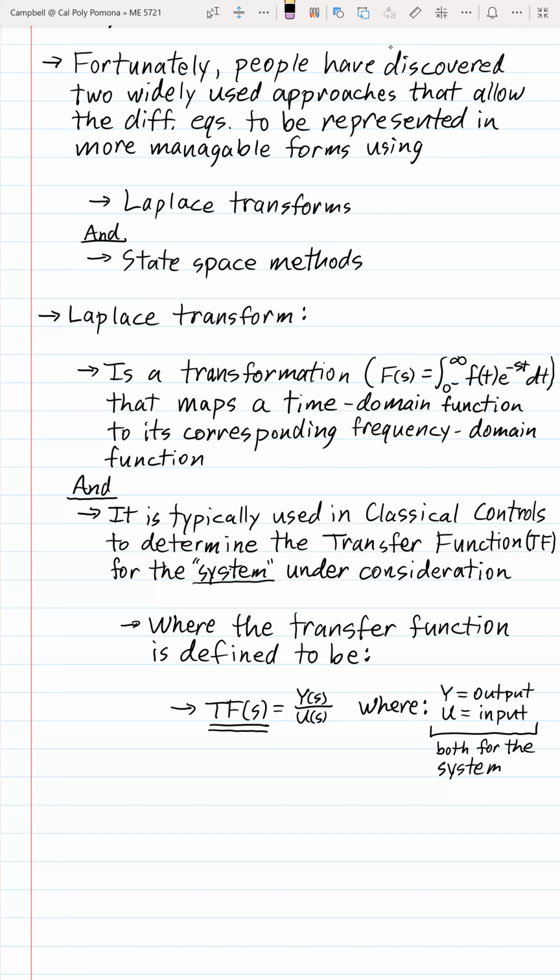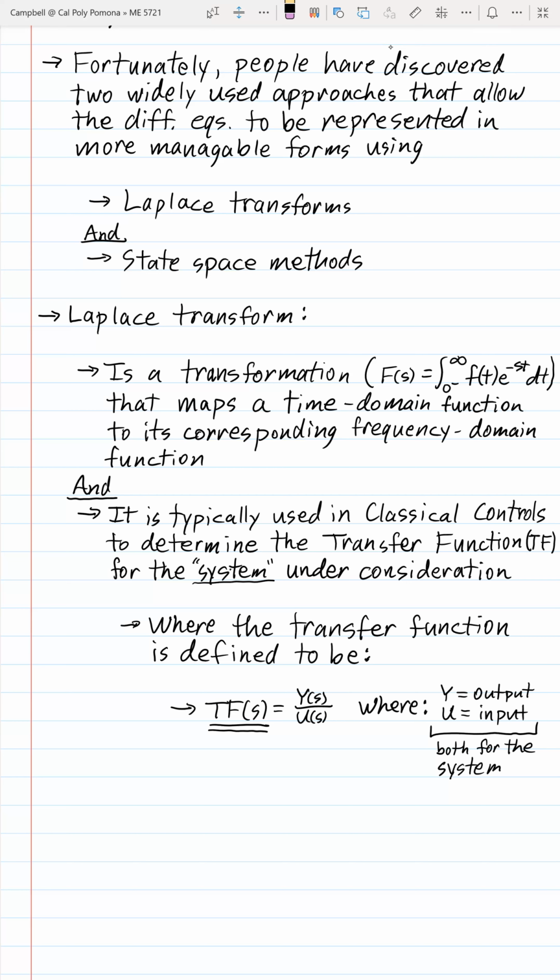We want a complete and unchanging description of what's going on with the system, because the system itself isn't changing. Its inputs and outputs are changing. That's all. Okay, so that's what the transfer function gives us. The transfer function is a property of the system.